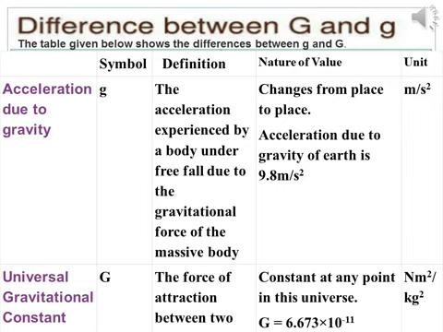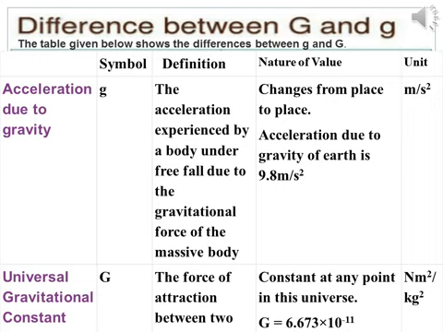Third point is nature of value. Acceleration due to gravity changes from place to place. Its value on the surface of the earth is equal to 9.8 meter per second square. But universal gravitational constant is always constant, that is, at any point in this universe it is constant.